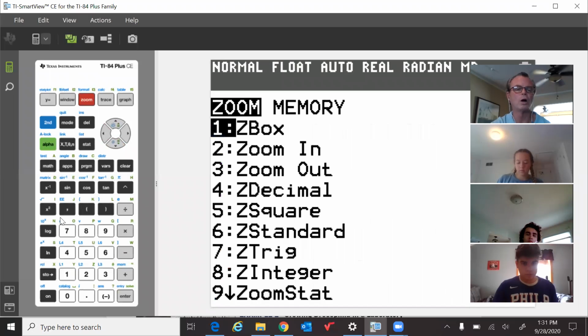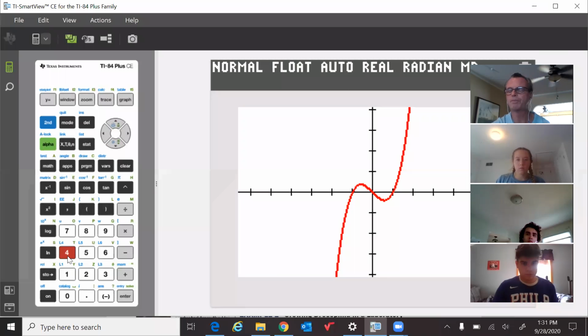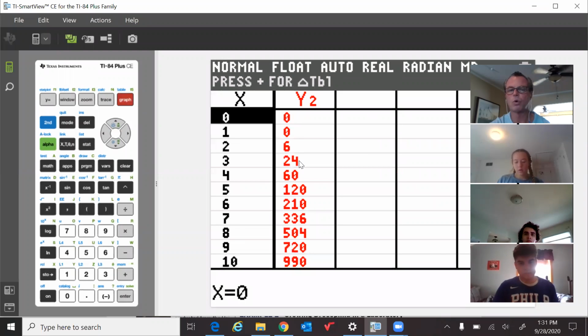I'll put zoom 4, and there's the graph. What do they want? They want the average change between 1 and 3. Now you can't see where 3 is. On the second graph, 3 spits out a 24. So I'd really have to stretch the graph to see that.